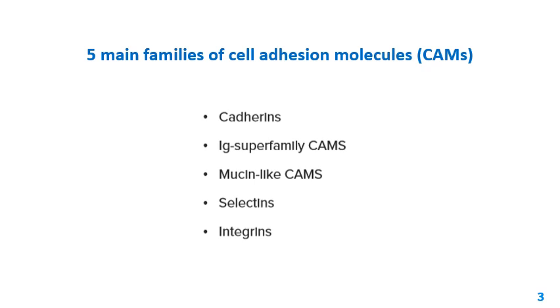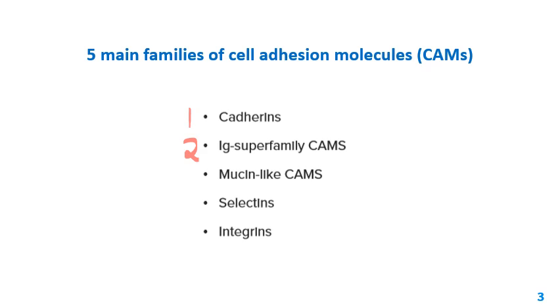So here they are. You have cadherins, you have the immunoglobulin superfamily. Now, usually when you think immunoglobulin, you are thinking antibodies, but those are not the only proteins that have that kind of domain. The immunoglobulin domain can be in different types of proteins, including in cell adhesion molecules, okay?